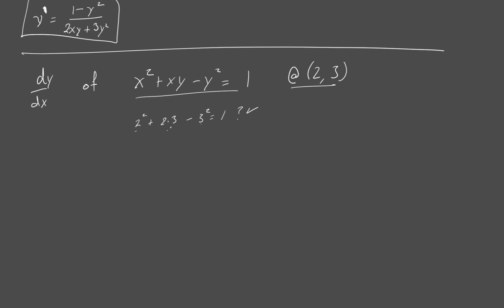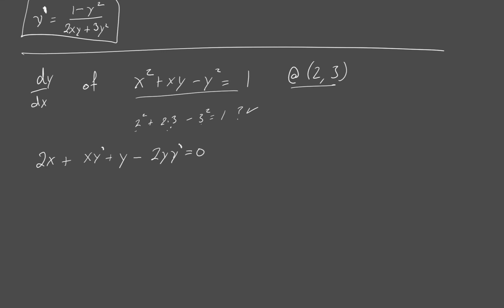Okay, so 2x is the derivative of x squared with respect to x, plus I've got a product, so I have to use a product rule, x y prime plus y, 1 times y, minus 2y y prime equals 0.